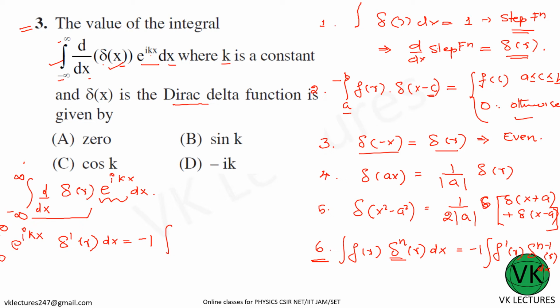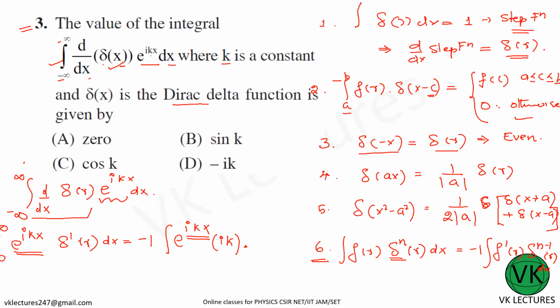So that is equal to minus 1 times integral of the first derivative of the function, that is e to the power ikx into ik, because of the derivative of ikx, times the n minus 1th derivative.